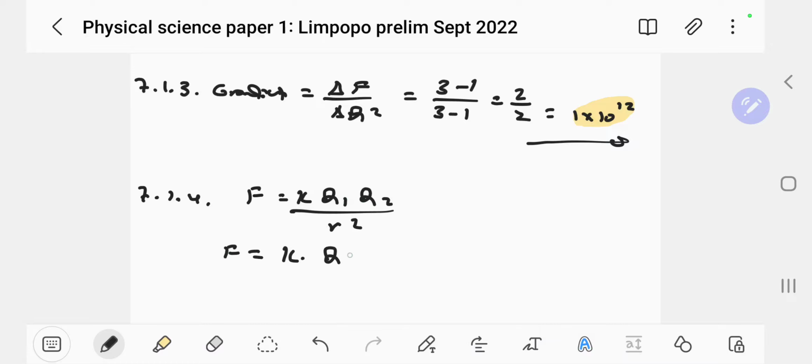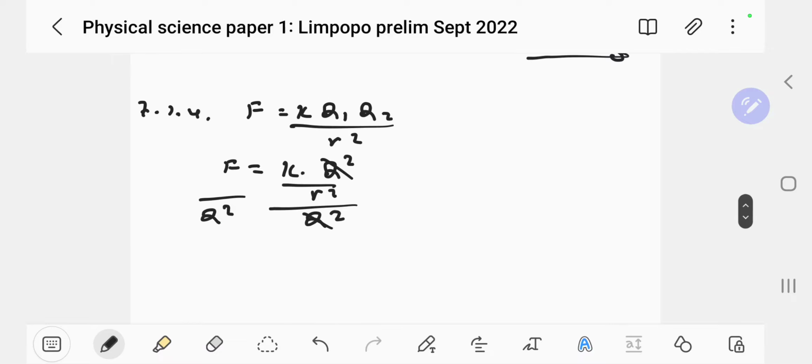So we simply divide by q squared, and then that q squared takes that one out, and we end up with F over q squared equals k over r squared.